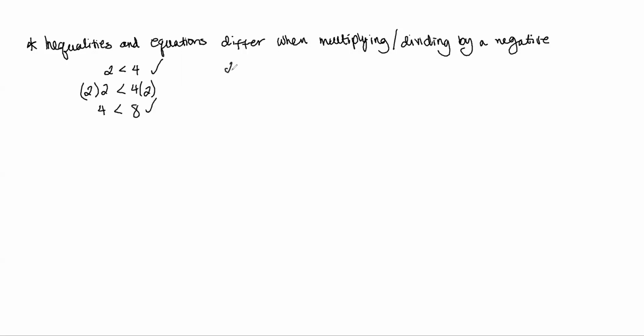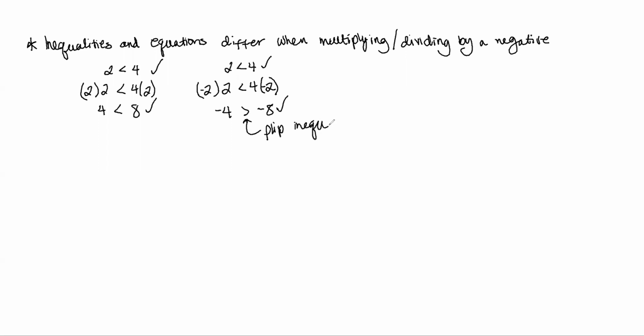But if I go ahead and start with the same statement and multiply both sides by -2, -2 times 2 is -4. 4 times -2 is -8. And -4 is not less than -8. It's further to the right on the number line, so it's bigger. So in order to make this true, we have to flip the inequality.